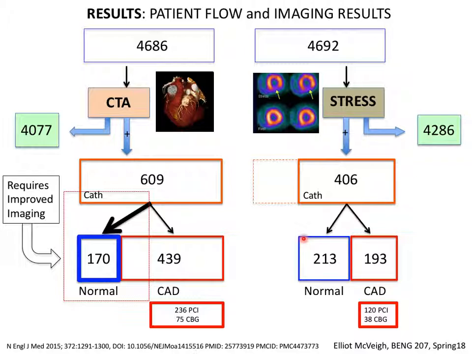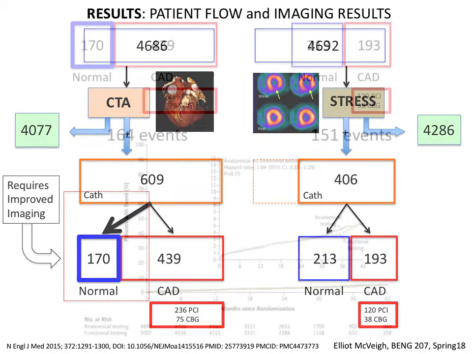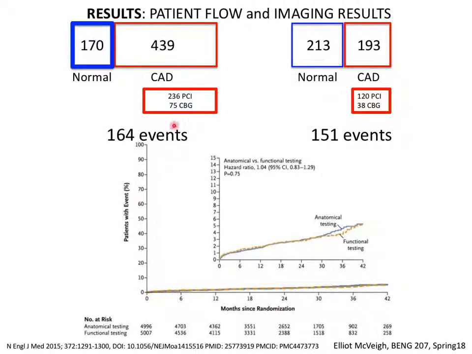And then the issue with this study now is we've treated this many on this side, this many on this side. This is far too few people to detect a difference in numbers of events, because that's the only perturbation, is we treated 236 versus 120. And so the numbers just are way too small to determine whether or not this side that had the 439 people positive on cath versus 193, has a different event rate.